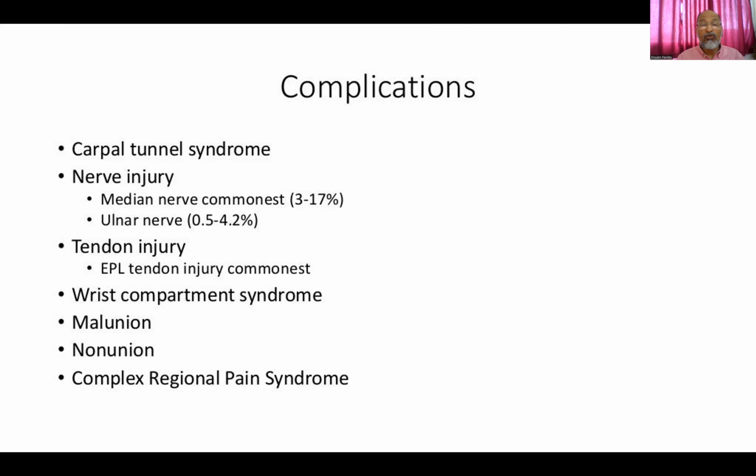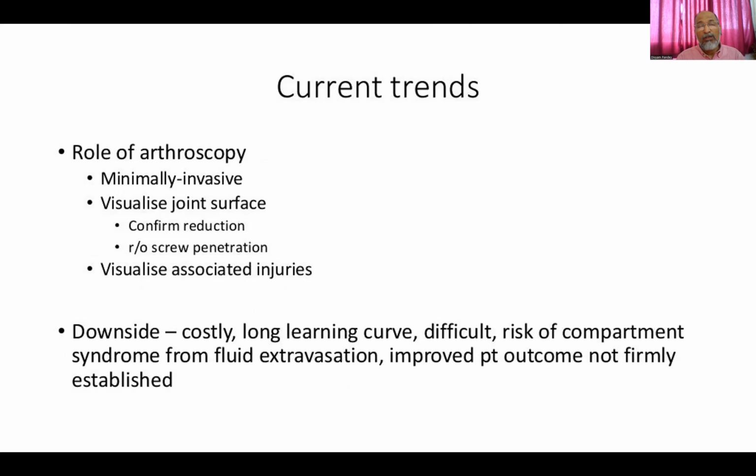The wrist compartment syndrome is very important to take care of. Malunion can occur, non-union can occur, and complex regional pain syndrome is called reflex sympathetic dystrophy. It is a very painful condition and takes a longer time to treat, and the patient becomes psychologically unstable.